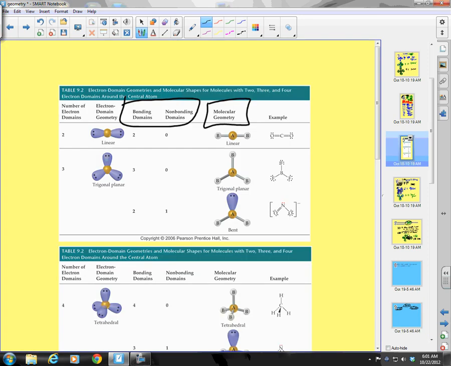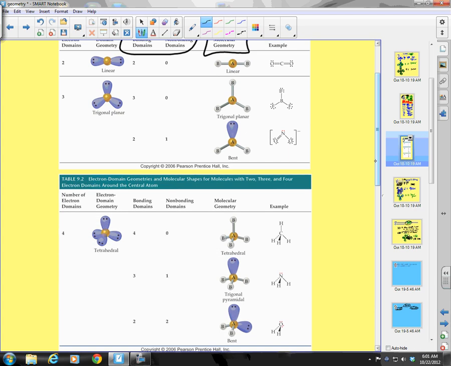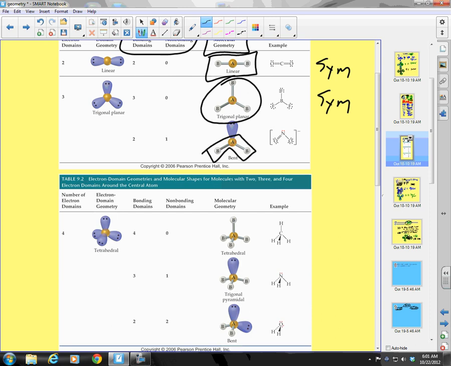Let's start here and let's just look a little bit. Linear. Do you think linear is symmetric or asymmetric? Well, linear turns out to be symmetric. What about trigonal planar? If we think of that in 2 dimensions, that turns out to be symmetric as well. What about if we look at bent? And remember, we're only looking at the atoms, not the unshared pair here. Does that look symmetric in 3 dimensions?